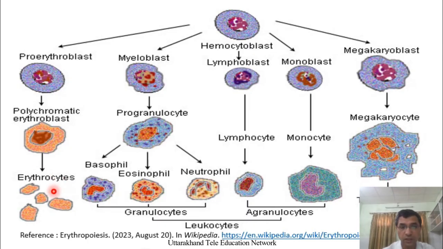The RBC is enucleated because it transports oxygen, and nature supports the transportation of oxygen this way. That's why in the normoblast condition, this RBC becomes enucleated. The agranulocytes and granulocytes are parts of leukocytes, and then the platelets.